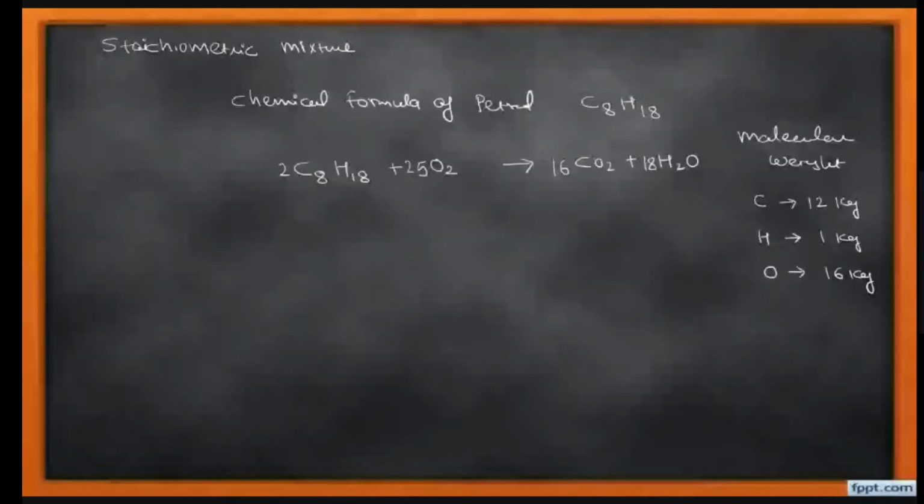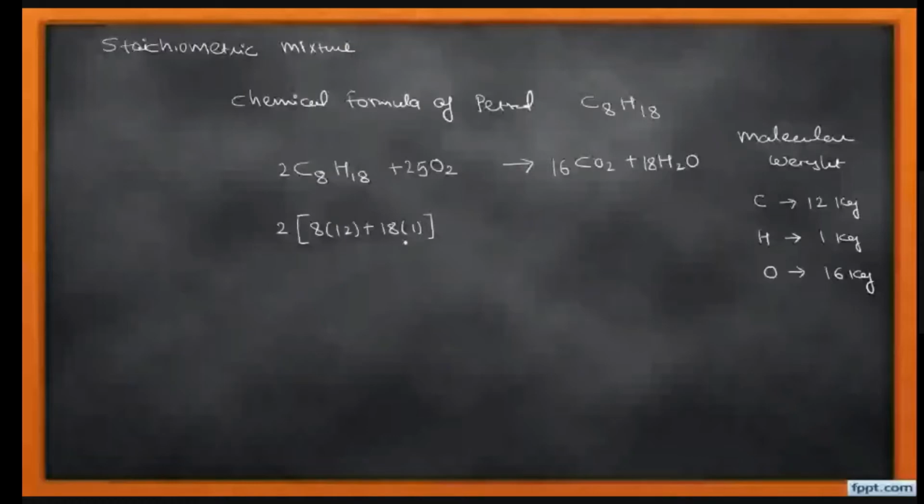So we write that the 2 in the bracket, the carbon atoms are 8 with atomic weight 12, plus the hydrogen is 18, having 1 kg.